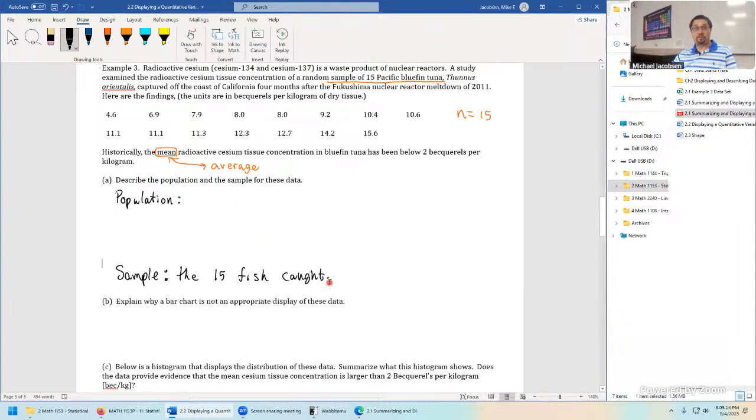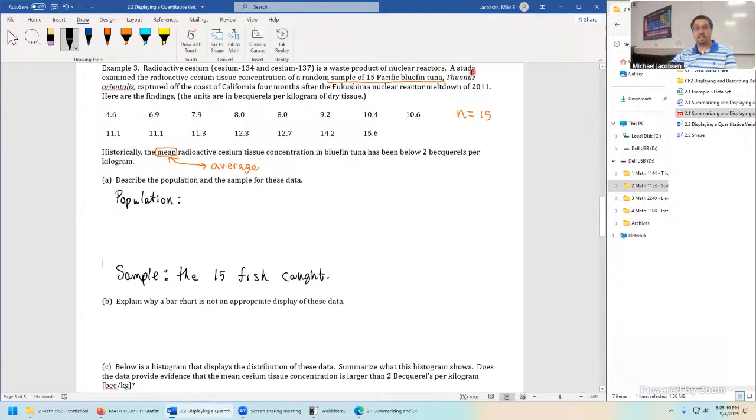You can give way more information, but you don't have to, because the sample always comes from the population. We're going to be more specific with the population, which clarifies what the sample really is. So let's think about this one. We might say, just to start off, and we'll poll the class on what else we need to add to be specific as necessary, but we might start saying it's Pacific bluefin tuna.